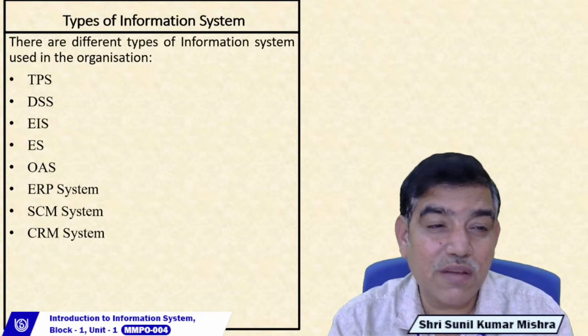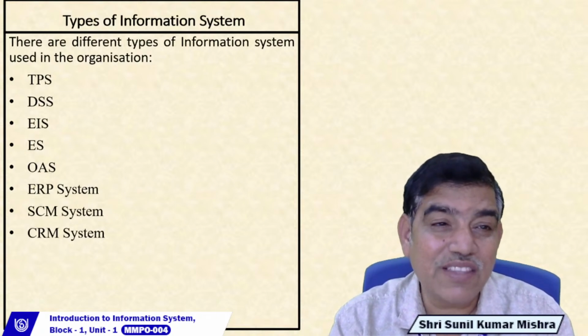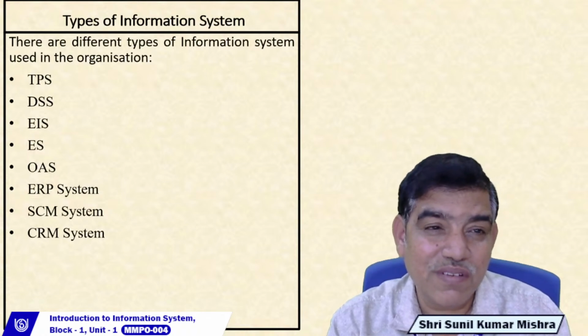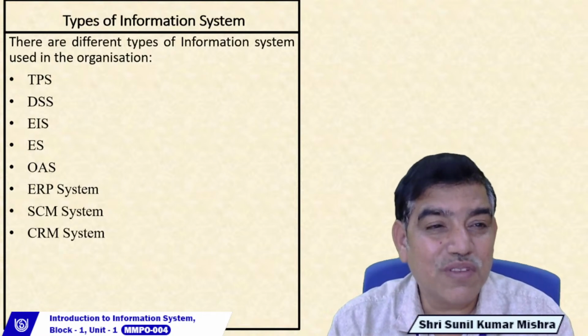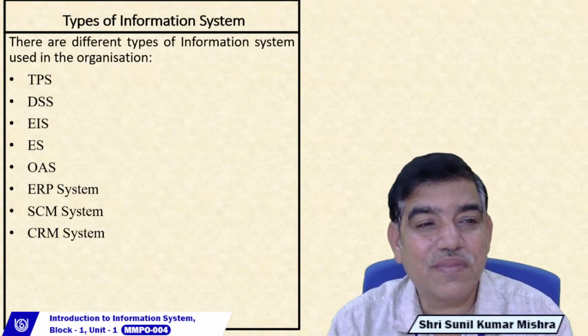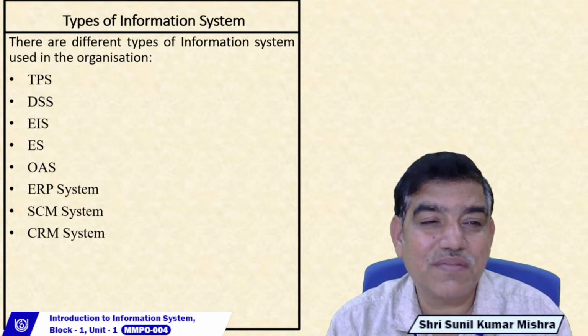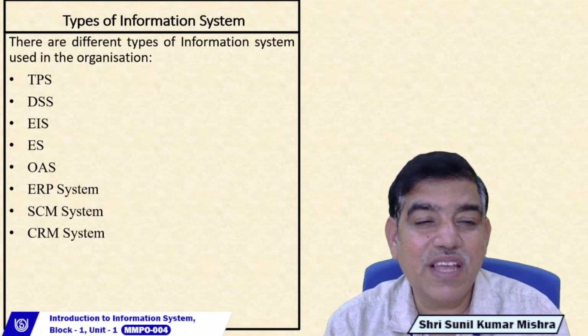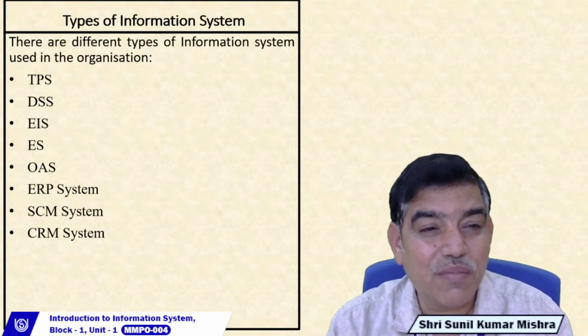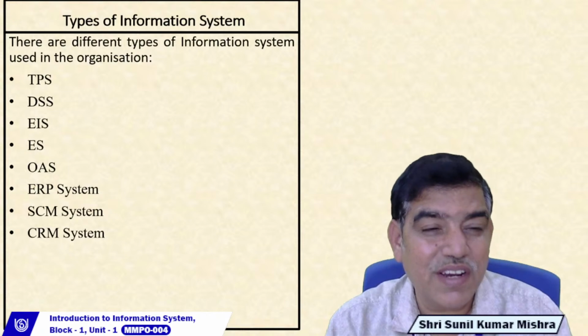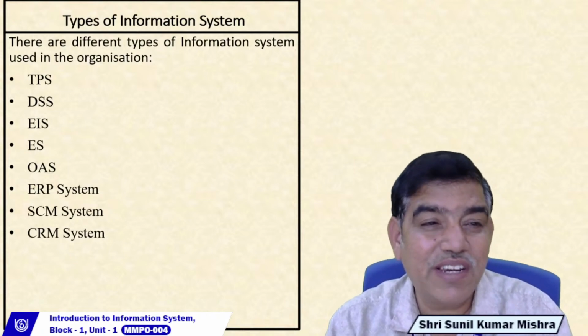So the supervisor-level manager immediately takes the decision and substitutes a new person in that place to run the organization smoothly. That is known as TPS. TPS always helps low-level employees with operational decisions, day-to-day decisions, immediate decisions.